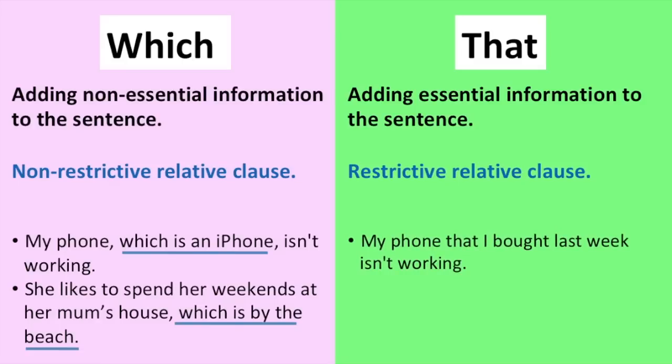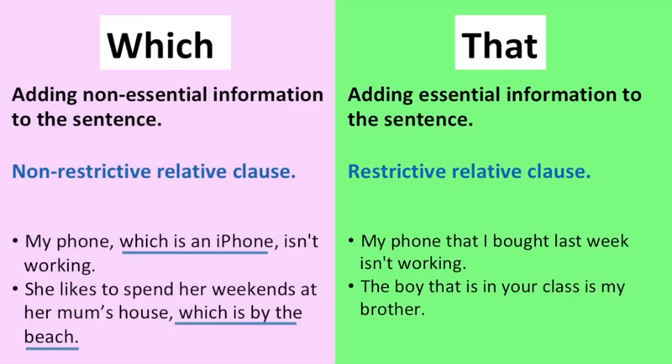In this sentence, we have essential information, as I might have more than one phone, and I want the reader to know specifically which phone I'm talking about. So I'm talking about the phone that I bought last week. Another example is, the boy that is in your class is my brother.